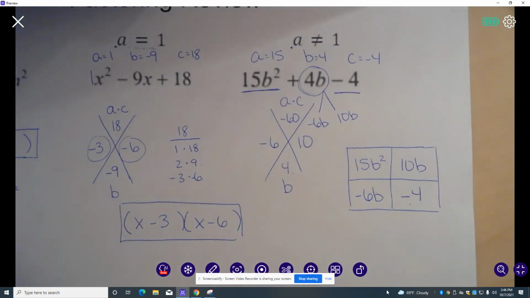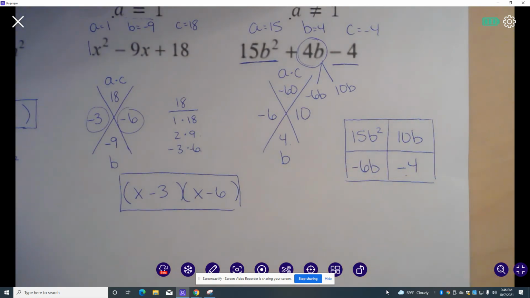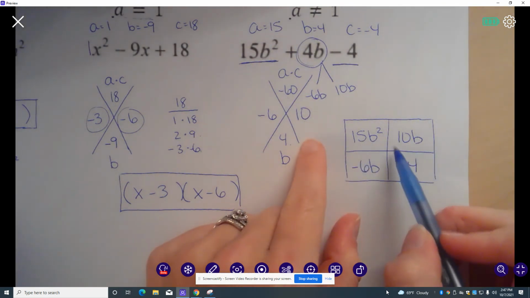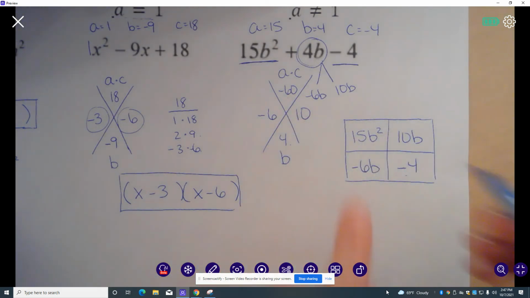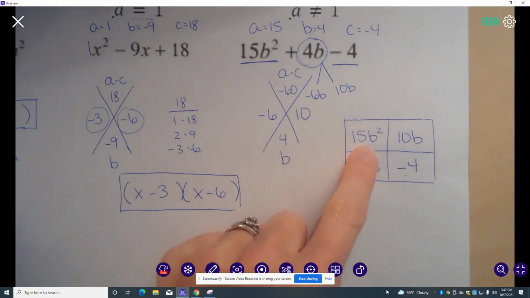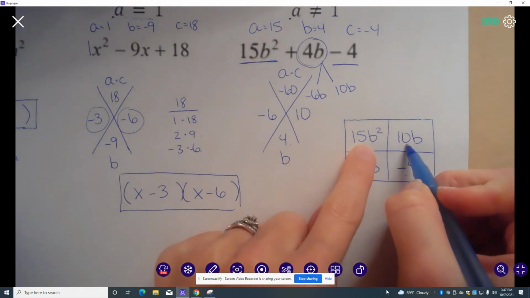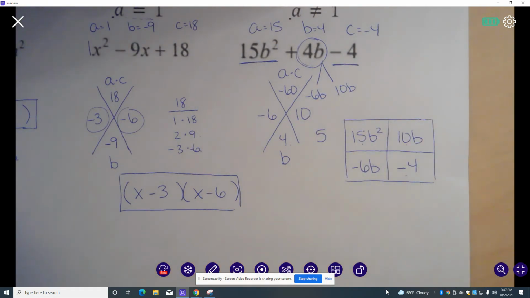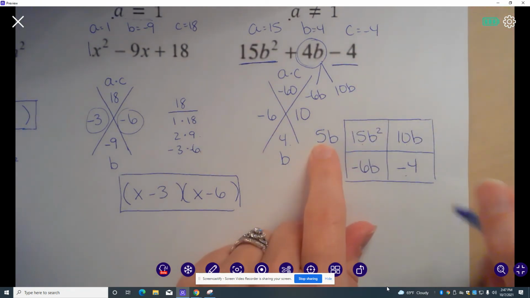So now I'm ready to find my factors. And so what I'm going to do is I'm going to look in each row and column and factor out the greatest common factor. So I'm going to start with 15b squared and 10b. The greatest common factor of 15 and 10 is 5. That's the largest number that goes into 15 and 10 evenly. And they have 1b in common. So I'm going to factor out a 5b. Okay.